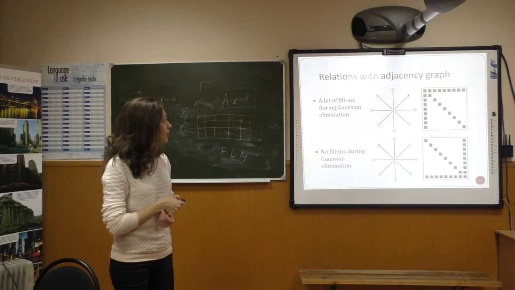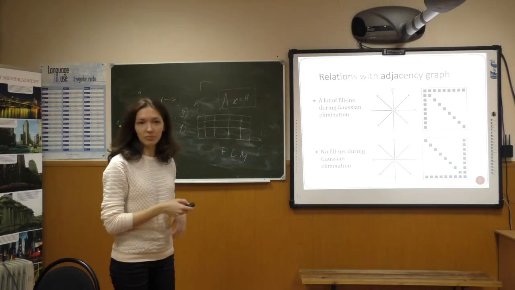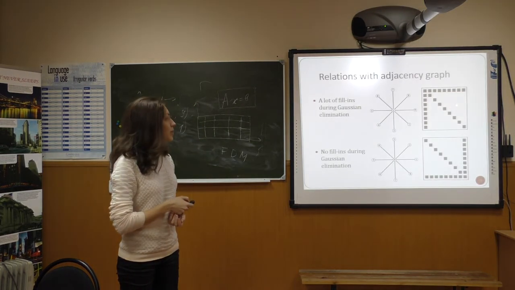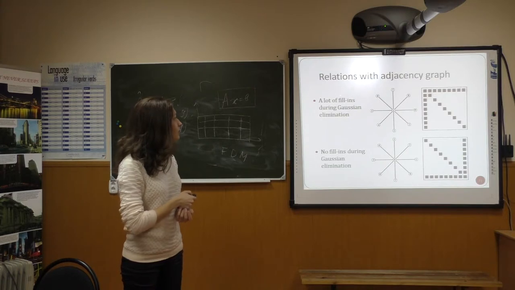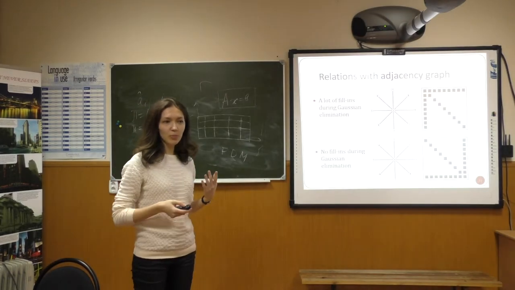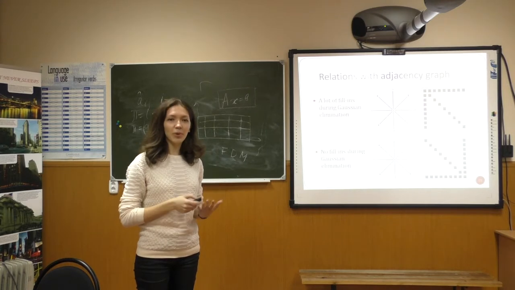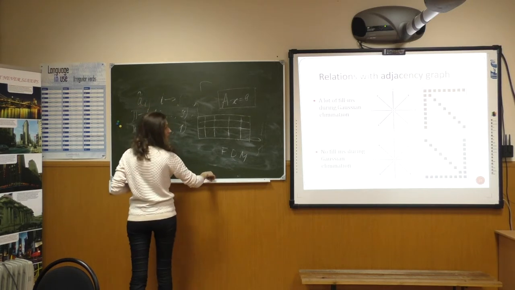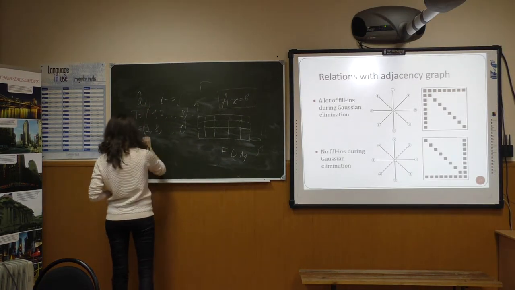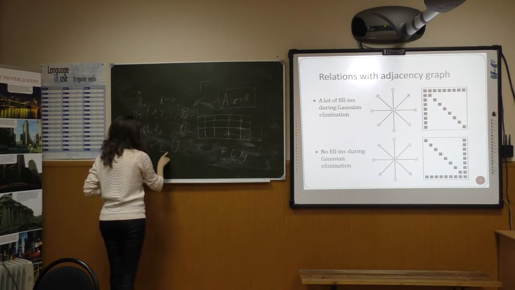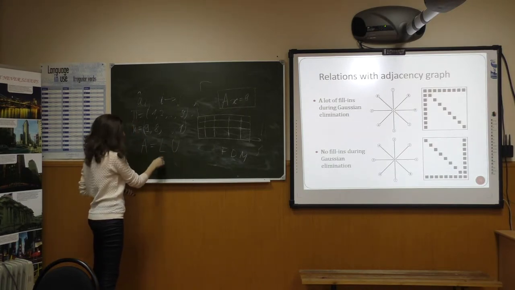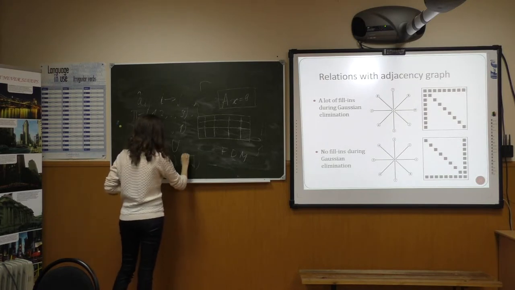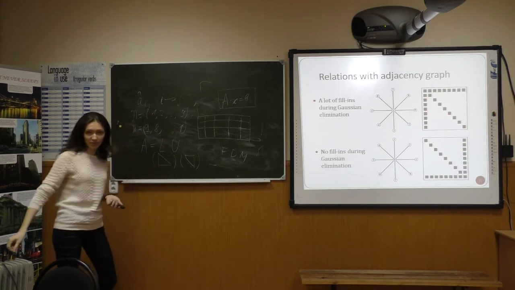And if we perform Gaussian elimination, if we implement a direct solution method, we can see that this type of matrix will have a lot of fill-ins. That means that there will be non-zero elements in the places which were initially 0. In Gaussian elimination, we perform LU factorization, into lower and upper triangular matrices.